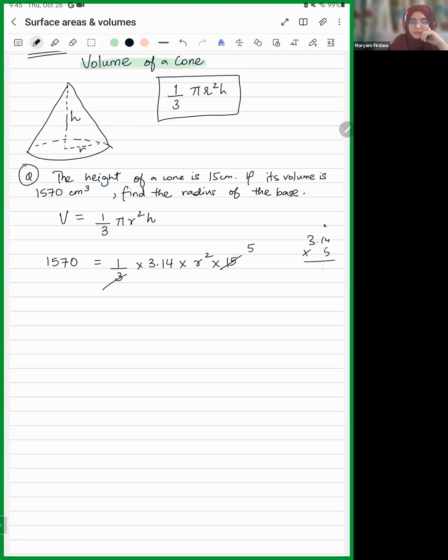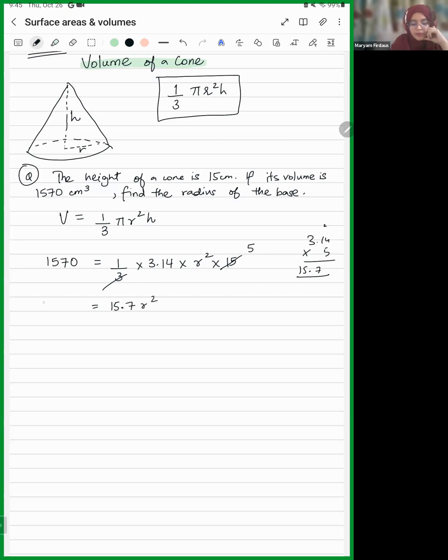I'll just calculate. Ma'am, 15.7. 15.7. So 15.7 r square equals 1570.